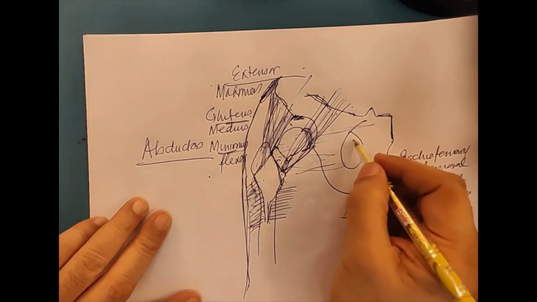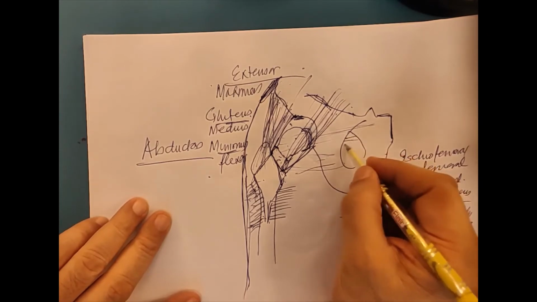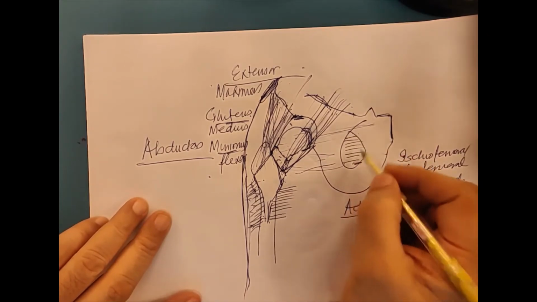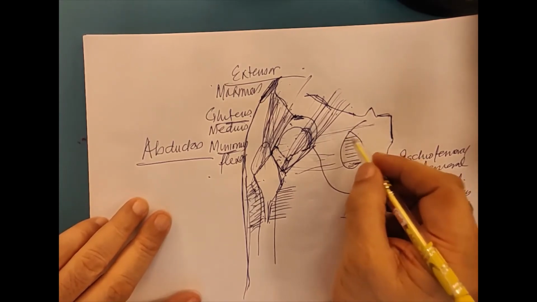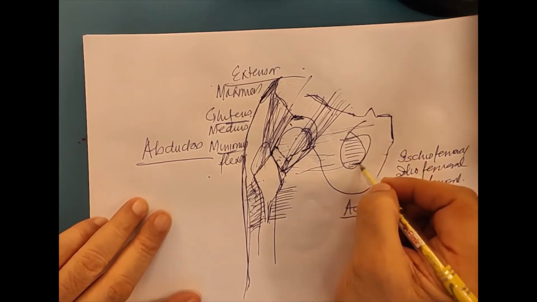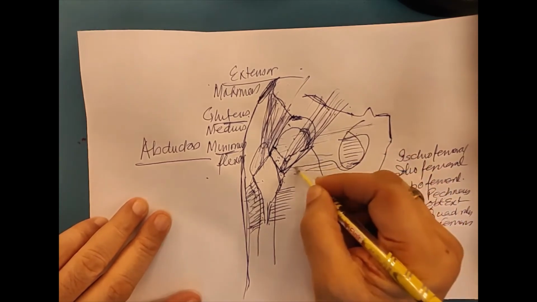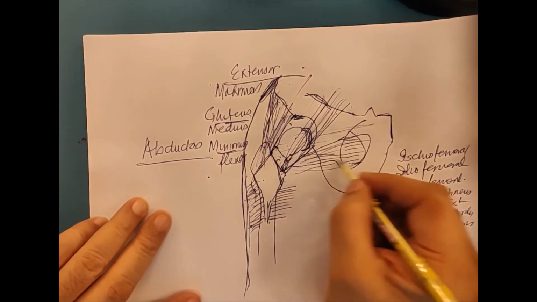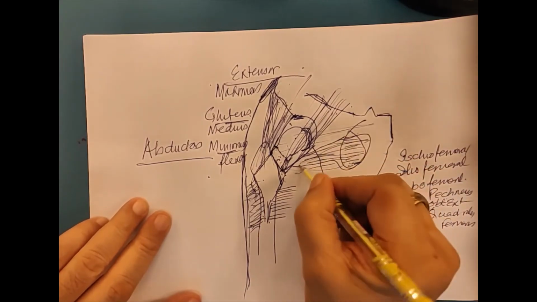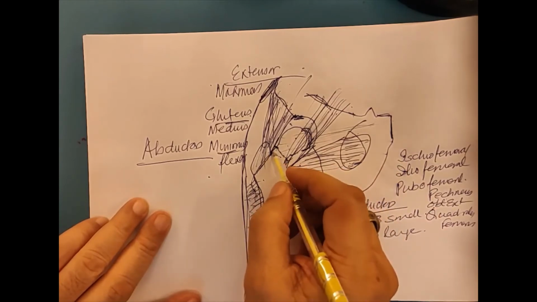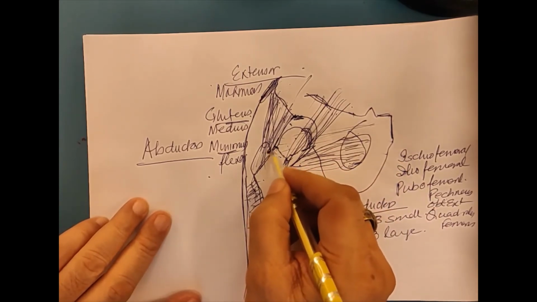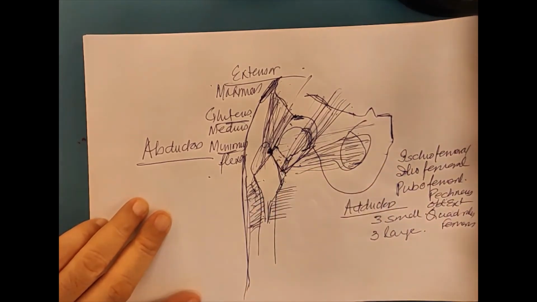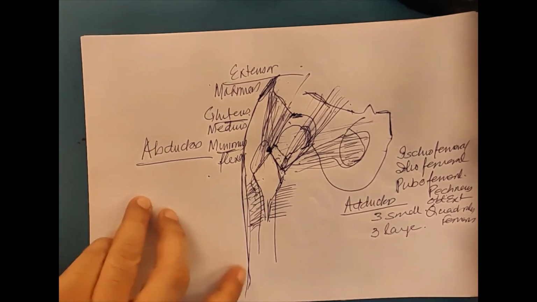So we'll make the obturator externus. This is the obturator membrane. It arises from the obturator crest, and it passes under the neck of the femur, winds round it, and gets attached to the trochanteric fossa on the greater trochanter.